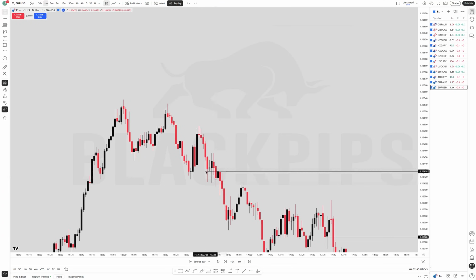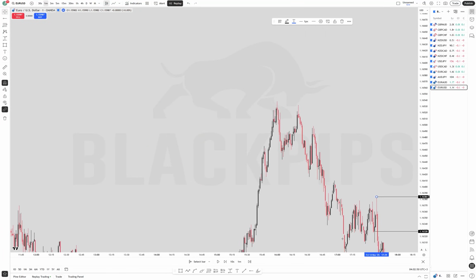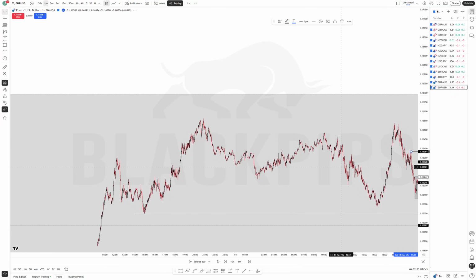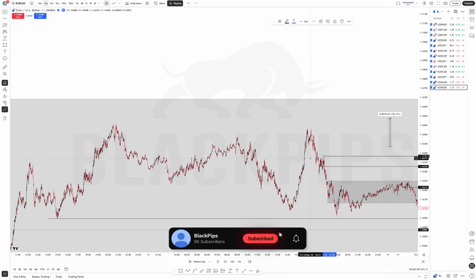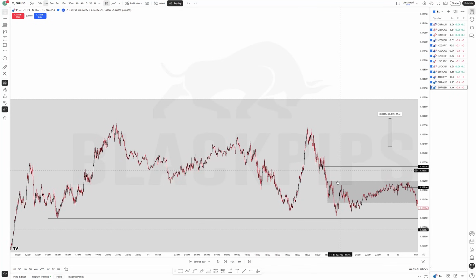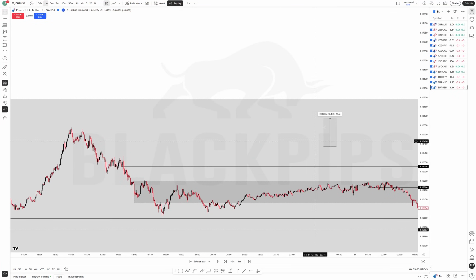This was already taken, this was already taken, so we have to consider only this one as our main area of focus. So I think I'll take my first entry on this movement here and put our maximum stop loss to this point here.